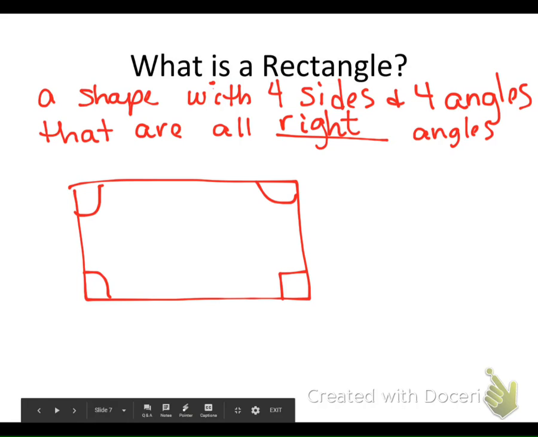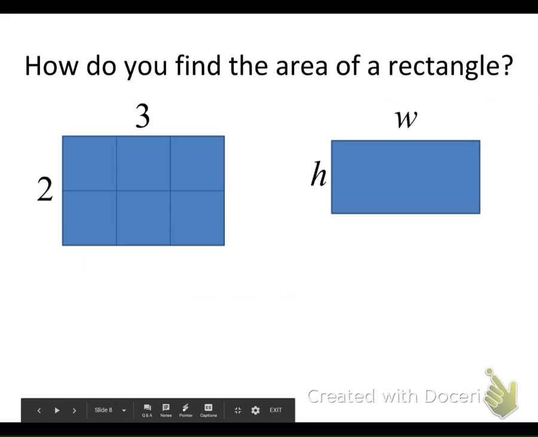Now, we talked about this in our opener again. The next part of our notes says, how do you find the area of a rectangle? So one way that we can find the area of the rectangle is to simply count each square, or as you guys told me, to multiply the height times the width. So we're going to talk about the formula.